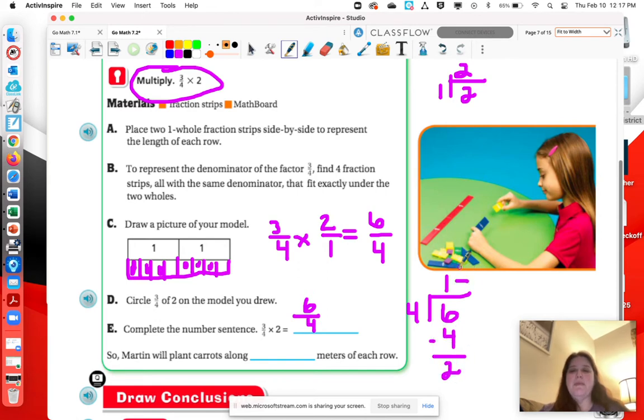Now, if we remember, we put that remainder on top and the bottom stays the same. So this equals 1 2/4. And I hope right now a bunch of you are saying, nope, that's not the best answer. We can simplify because 2/4 can be divided by 2 and it can be 1 1/2. So 1 1/2 is the best answer that we could have there.